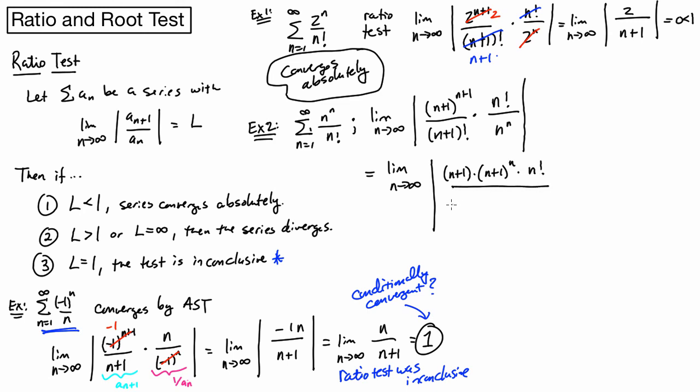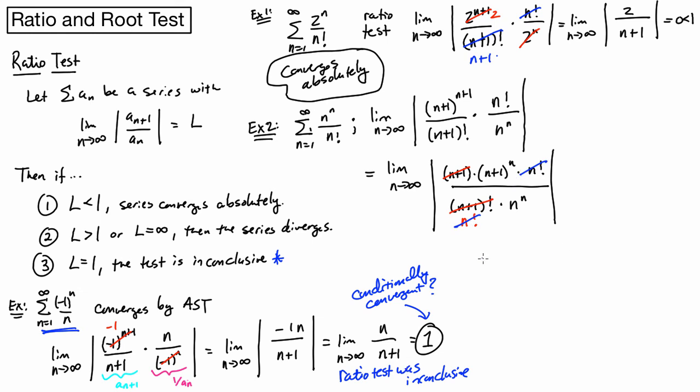And then in the bottom, I have n plus 1 factorial times n to the n. And the reason I did that is I wanted you to see some of the cancellations that occur. For example, n plus 1 cancels with the first term of n plus 1 factorial, leaving n factorial. But that n factorial will cancel with this n factorial.